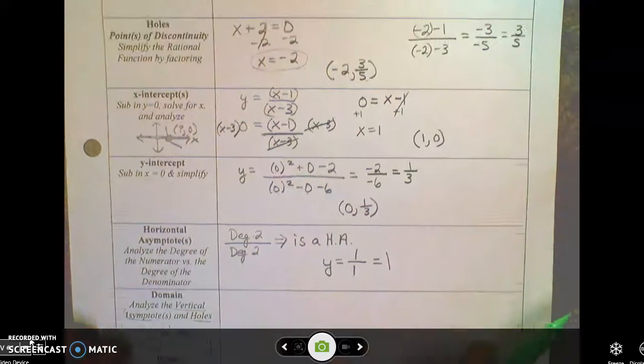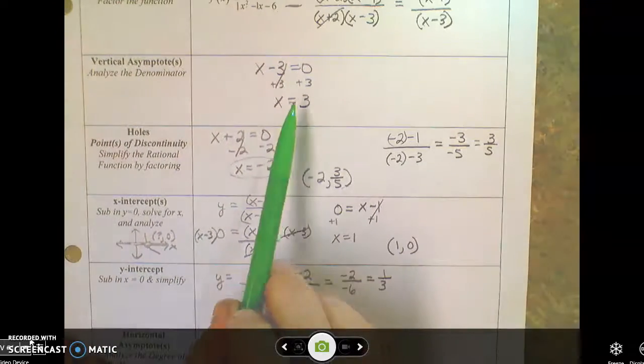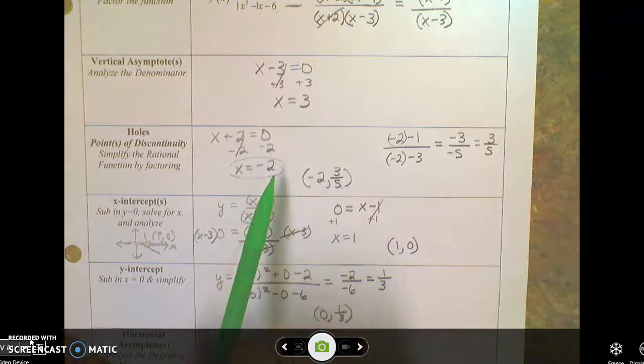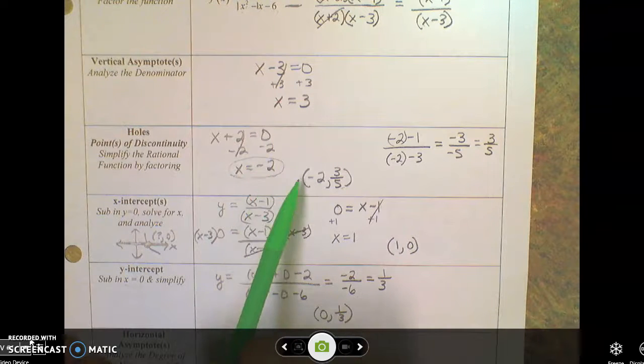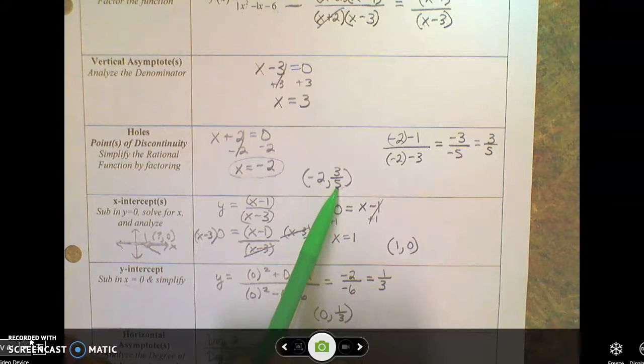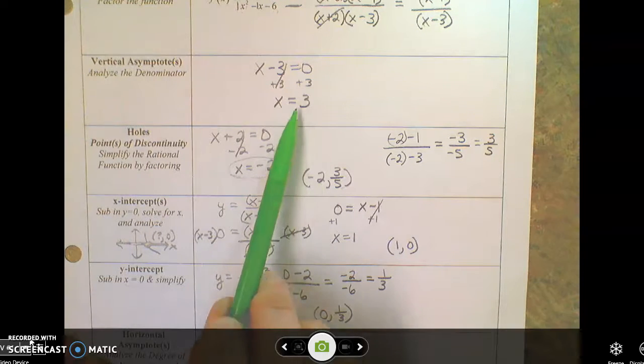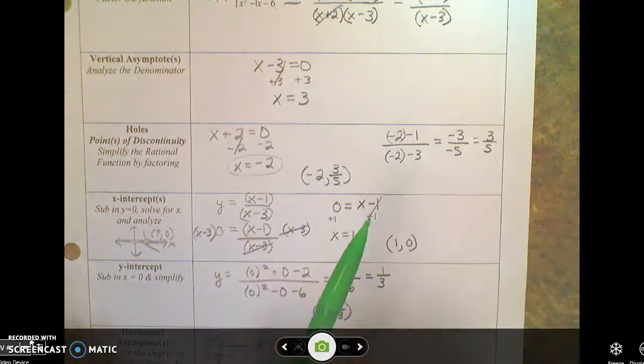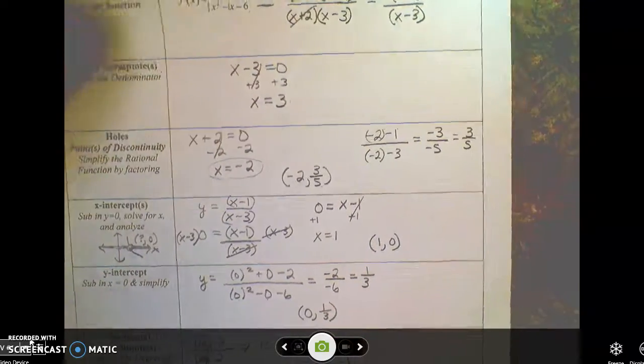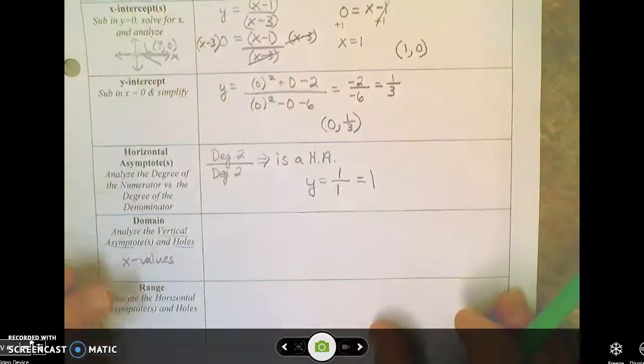So we have a vertical asymptote at x equals 3 and a hole at -2, 3/5. So x value -2 and x value 3 are excluded from our rational function here.